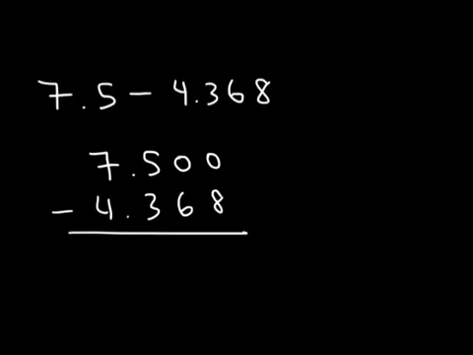So first, let's borrow a 1 from this 0, so that becomes a 9, which means we need to borrow a 1 here, so that becomes a 4. And this changes into a 10. So 10 minus 8 is 2.